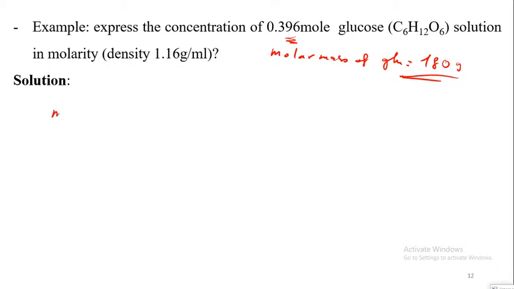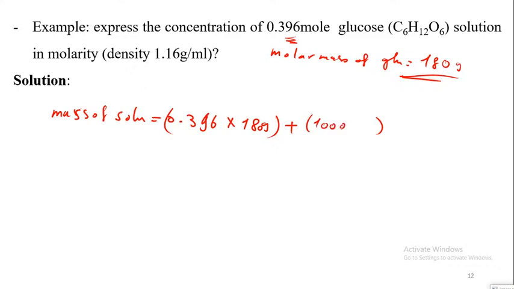So the mass of my solution should be equal to the mass of the glucose I used, which is equal to the number of moles of glucose multiplied by 180 grams of glucose, plus the mass of my solvent, which is equal to 1000 grams water, assuming I'm using only 1 liter of water, which is equal to 1071 grams.